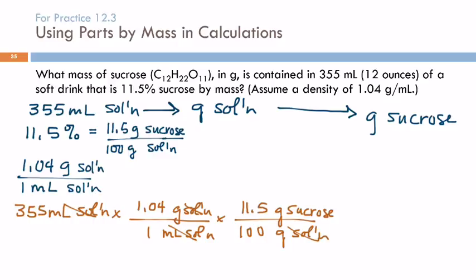And then we multiply and divide. 355 times 1.04 times 11.5 divided by 100. How many significant figures should this have? 3. So 42.5 grams of sucrose.